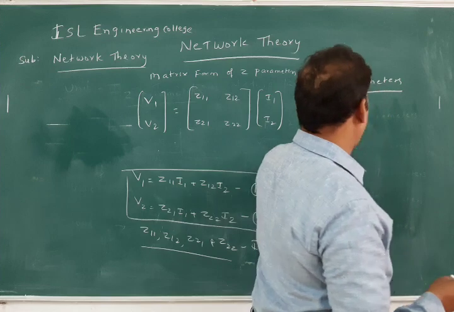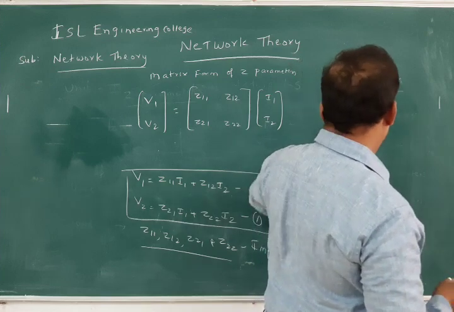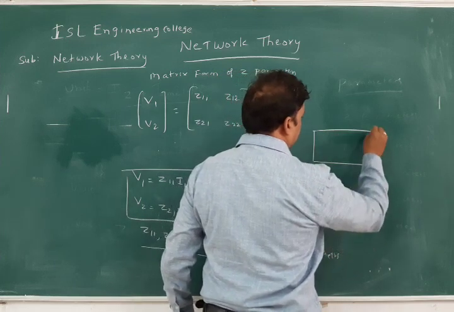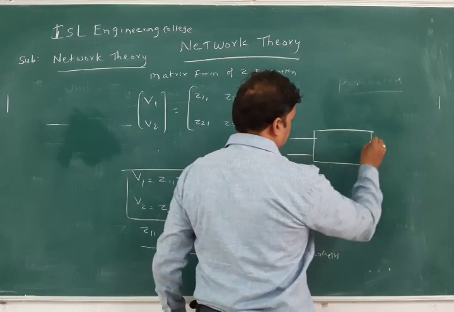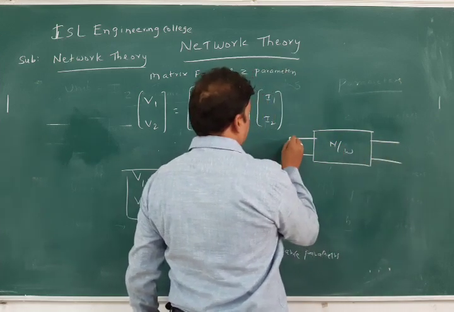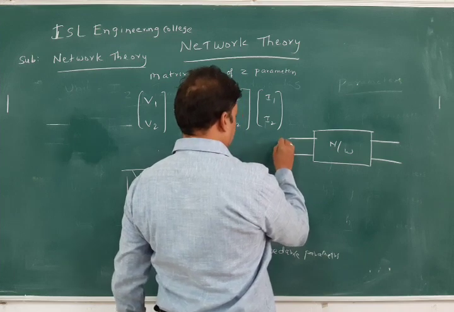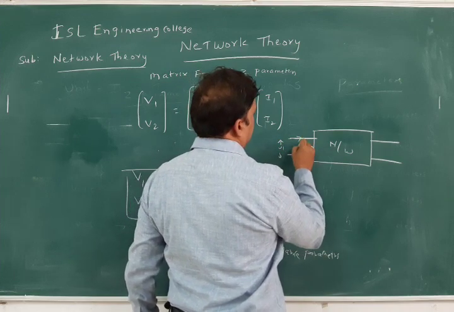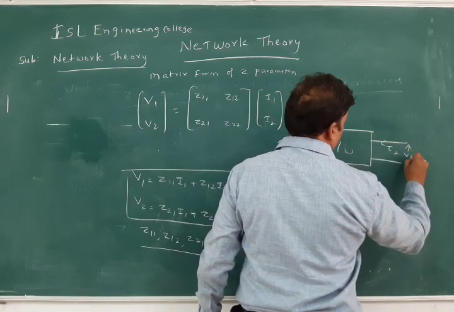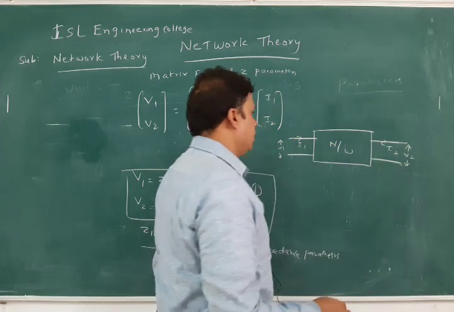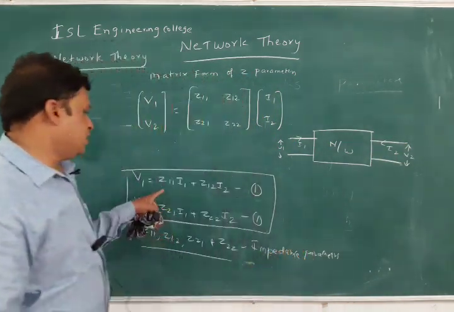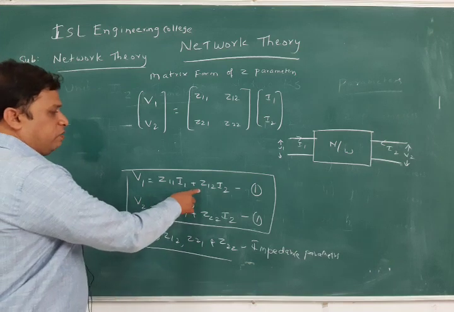So, I will write it here. Now, you want to find out the Z parameters. So see the equation here, Z11 I1 plus Z12 I2.